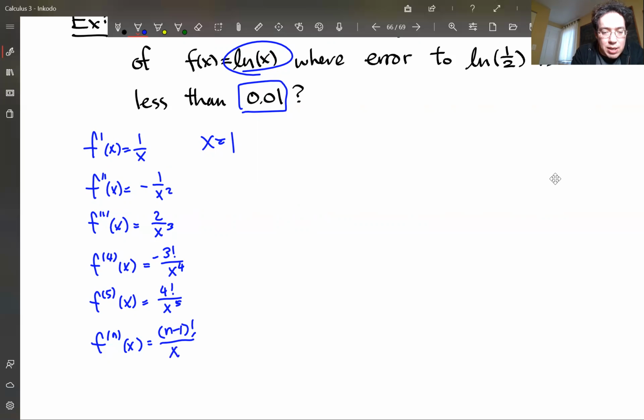And the denominator is going to be x to the power of n. Okay. And let's see, we're approximating natural log of 1/2. So let's see, the n plus first derivative.